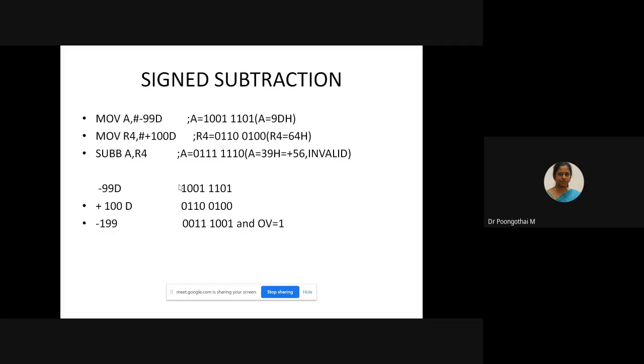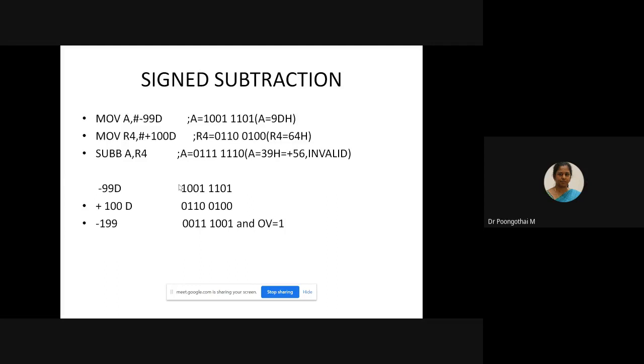So you have to subtract R4 content from accumulator content. R4 holds 64 and A holds 9D. So you have to subtract 64 from 9D. For that, take the 2's complement of 64 and add your 2's complement answer with 9D.